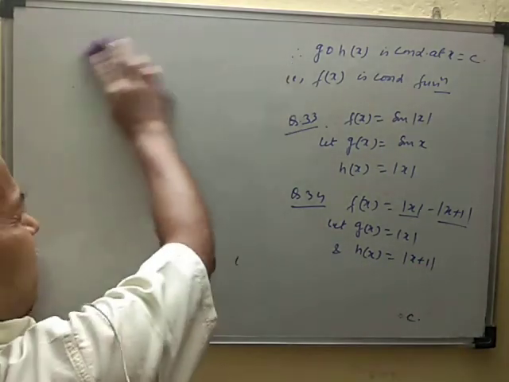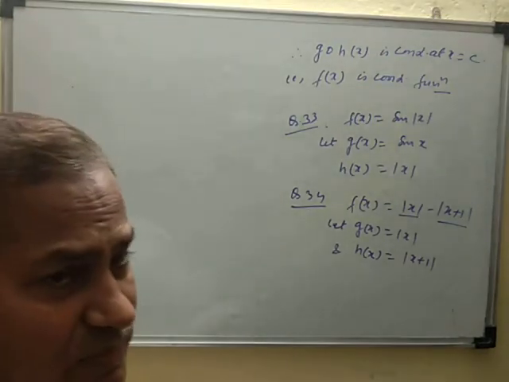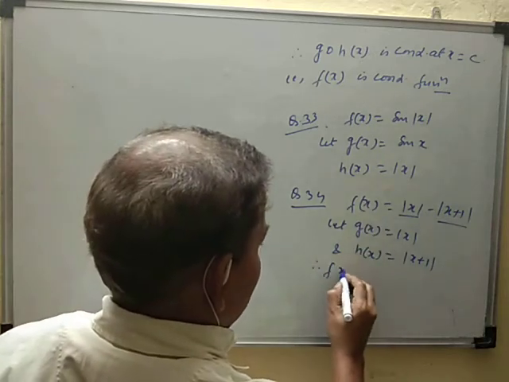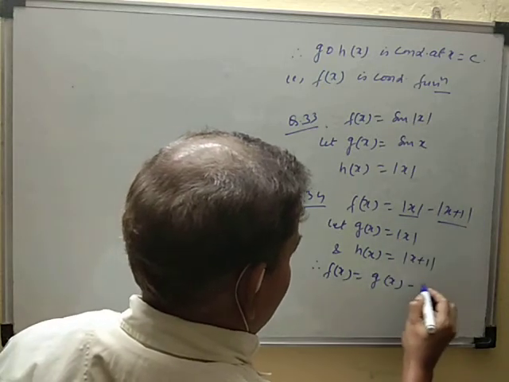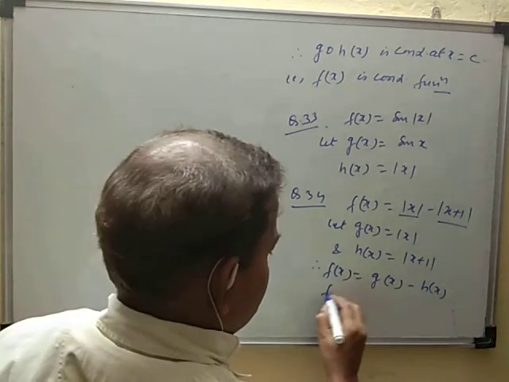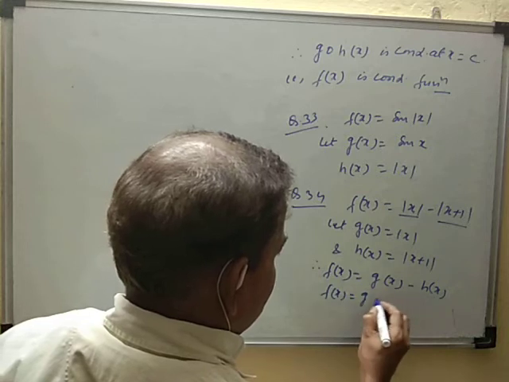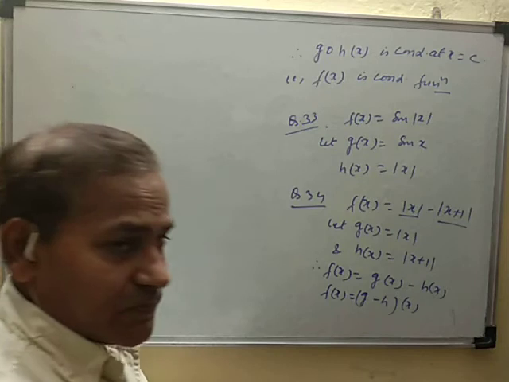You know the difference of two continuous functions is also continuous. So therefore f of x is equal to g of x minus h of x, and this can be written as f of x is equal to g minus h at x.